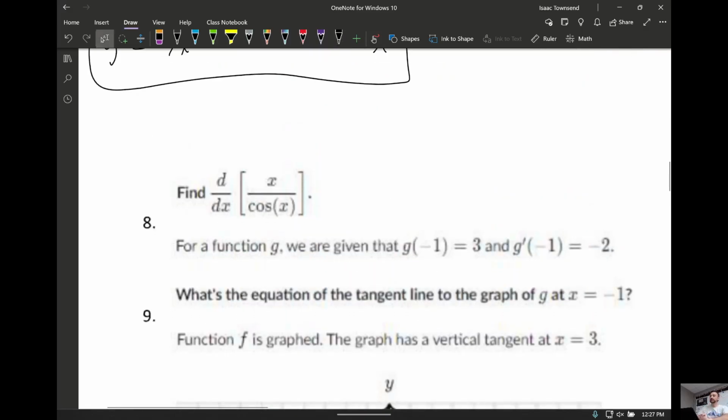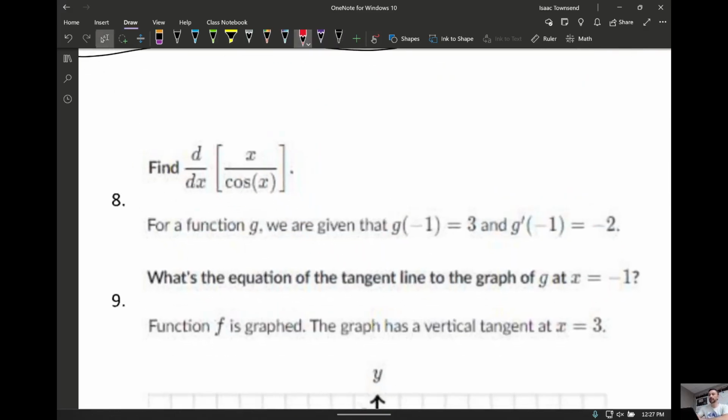Number 8 instead is going to have to be quotient rule. You've got something divided by something. So derivative of the top times the bottom left alone minus the top left alone times the derivative of the bottom. And someday you're going to do this on a FRQ, and you're going to miss a couple of the easier of the 9 points on the FRQ because you didn't remember to put it over the denominator squared.